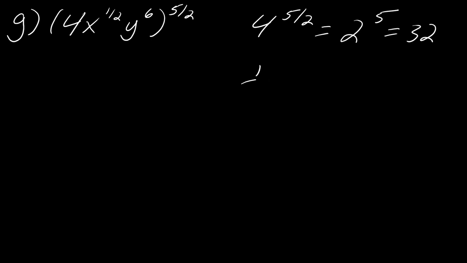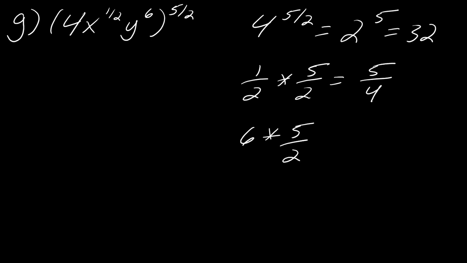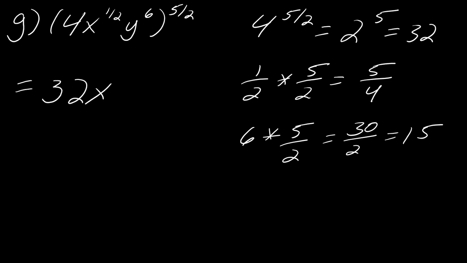So if I take 1/2 times 5/2, that equals 5 over 4. And if I take 6 times 5/2, that's going to equal 30 over 2, which equals 15. So this is going to equal 32 x to the 5/4, y to the 15th.